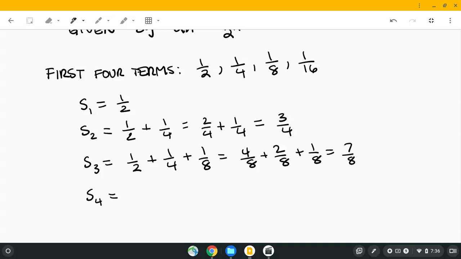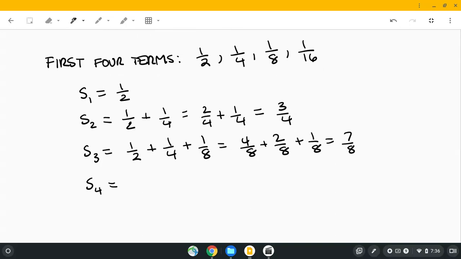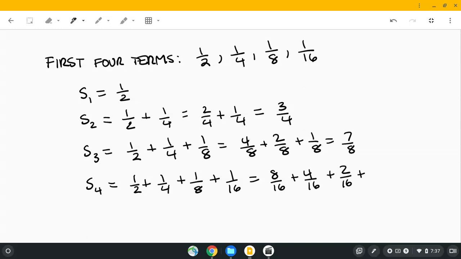And we need the fourth, S4. So we're adding all four together. 1 half plus 1 fourth plus 1 eighth plus 1 16th. So we need the LCD, which is 16. And when we add these all together, we get 15 over 16.